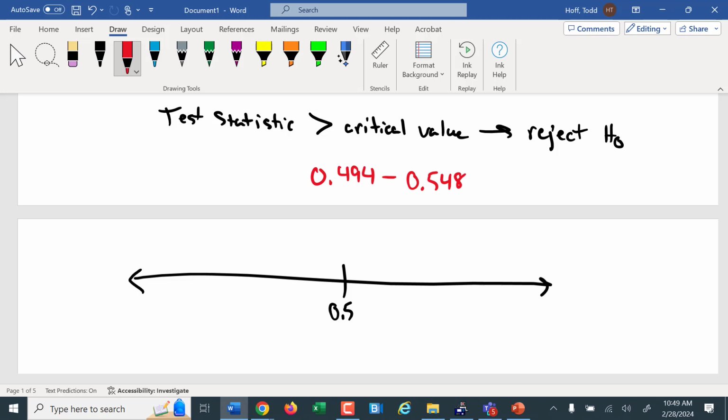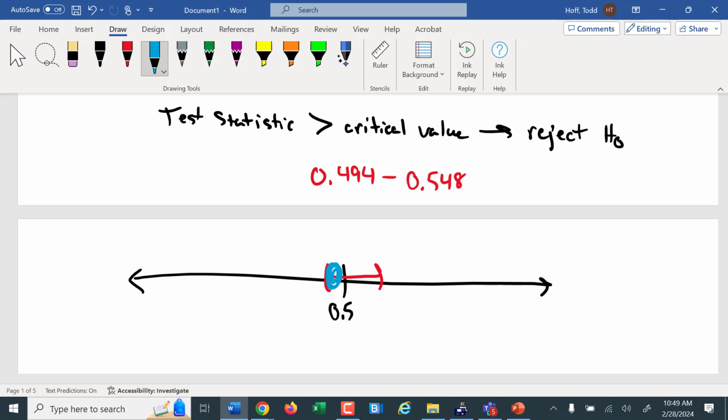So what that means is our confidence interval goes from about here to somewhere in here. It contains values below the 0.5. In other words, it's possible that the actual proportion is down in here, that it's less than half.